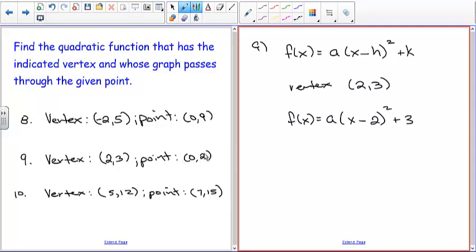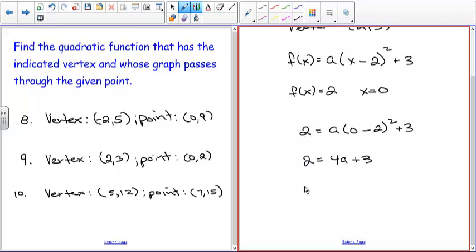Then we use f of 0 is 2, so f of x equals 2 when x equals 0. Plug those in and you get 2 equals a times 0 minus 2 squared plus 3. Negative 2 squared is positive 4, so 2 equals 4a plus 3.